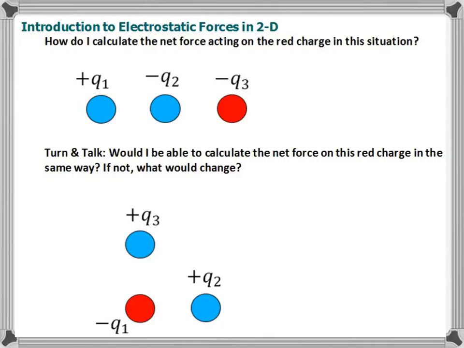Well, it turns out that the answer is kind of, but not really. I wouldn't add up the numbers, but I would do addition with something that we haven't talked about in a long time, and that is addition with vectors.